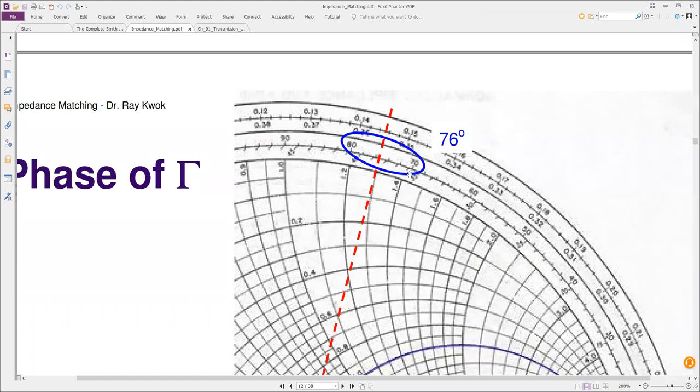Then you will get the angle of the reflection coefficient. Look here. The angle of the reflection coefficient is 76 degrees. From this scale you get 76 degrees.